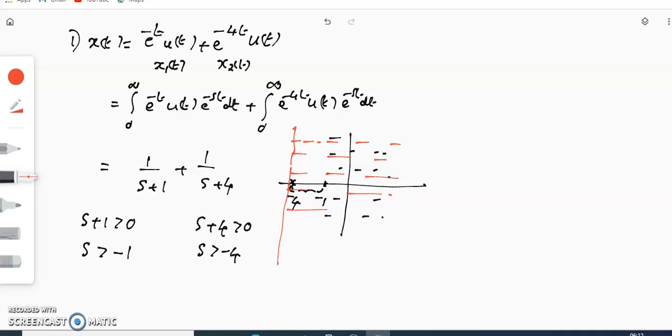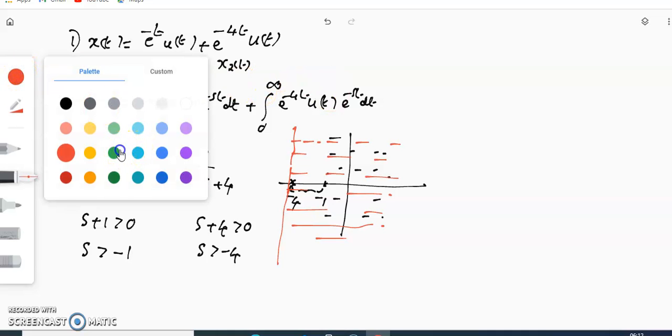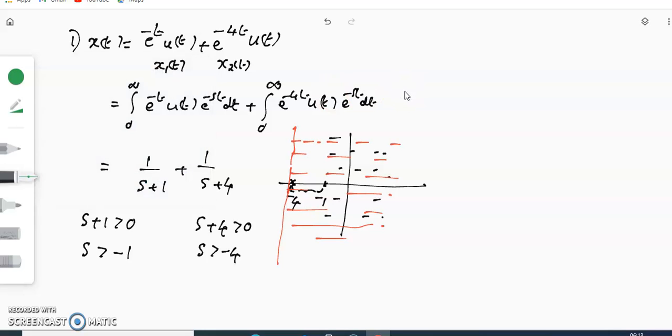If it is greater than minus 1, it is the area that is shown with that black dotted lines. So when you take the intersection of both, this portion is missed out, minus 4 to minus 1. So what will be the ROC? Both regions intersect only after this minus 1. So this will be the ROC.